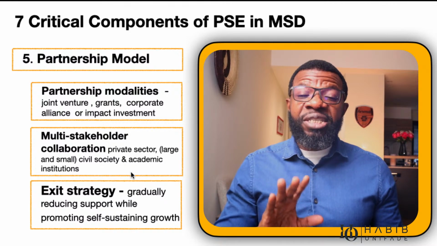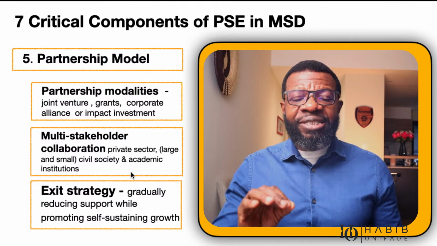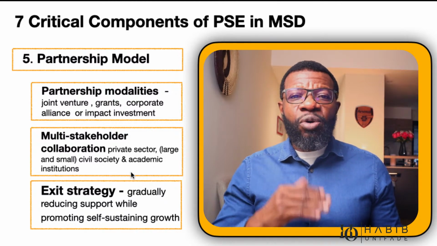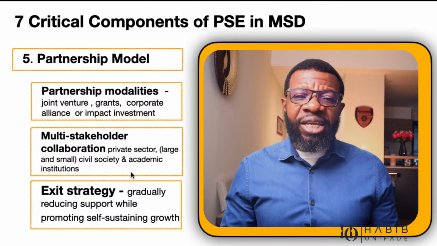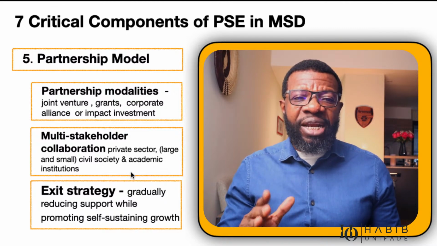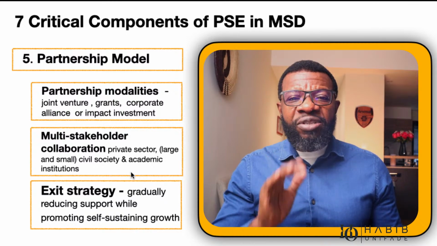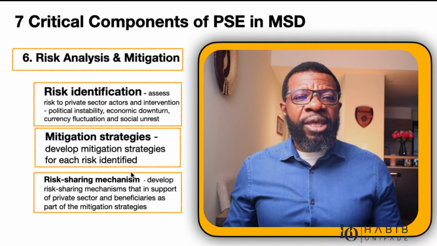Exit strategy. This is very, very important. We need to know our exit before we enter into any agreement or begin to do private sector engagement. It's important for us to be very clear whether we're going to gradually reduce our support or we have a timeline for support to drop off.